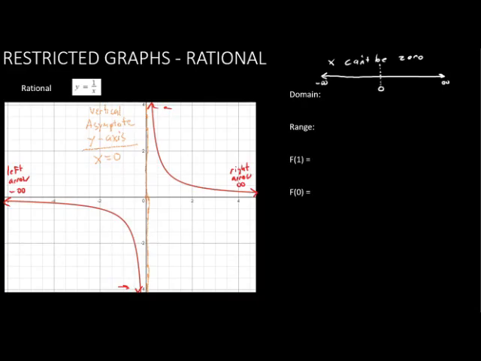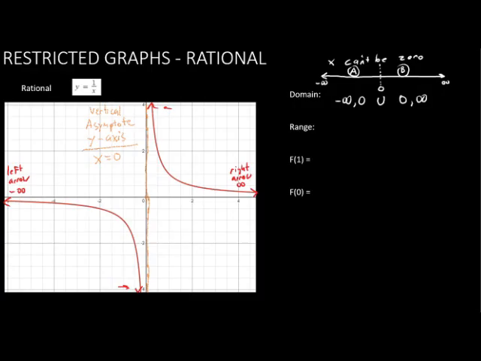That dotted line will split our domain into two pieces, which I label piece A and piece B. Piece A will go from negative infinity, but stop at 0. And then piece B will start at 0, and then go toward positive infinity. For piece A of our domain, we'll say negative infinity to 0, and then for piece B, we will say 0 to infinity. Now, in between these two pieces, we'll write the letter U, which stands for union.